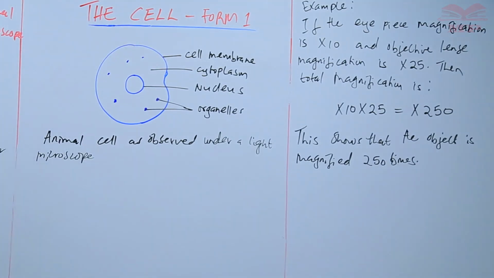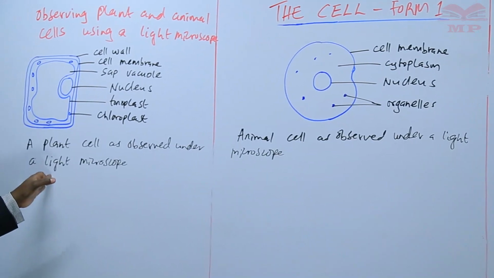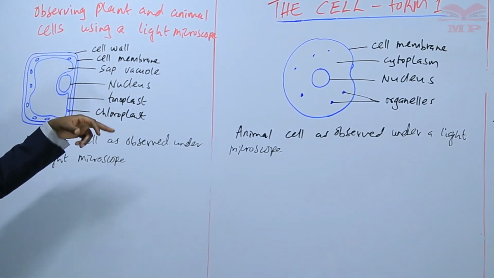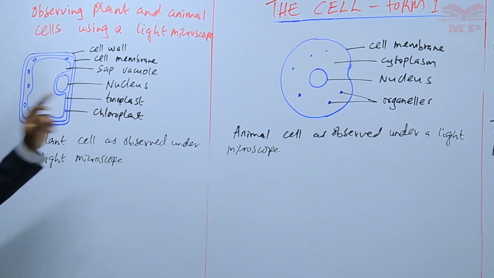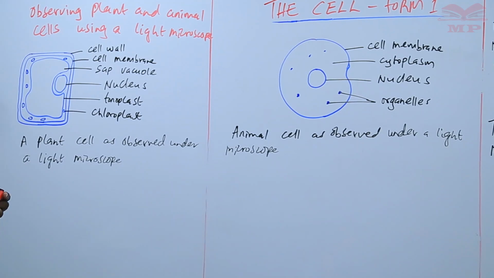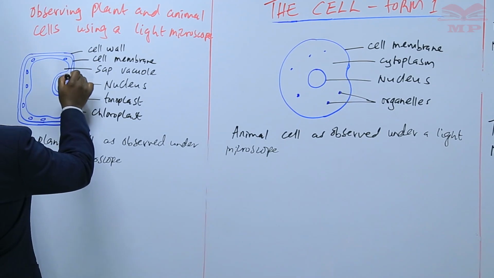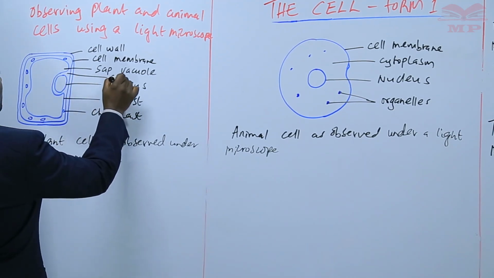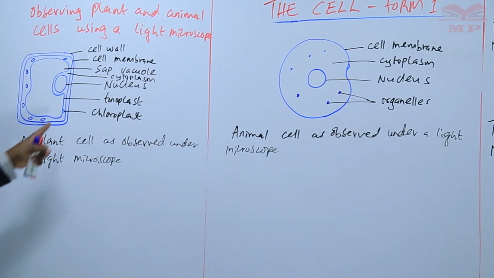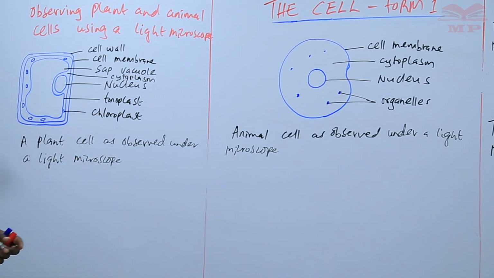Then we have had two diagrams showing a plant cell as observed under a light microscope, which shows the cell wall, cell membrane, the sap vacuole, the nucleus, the tonoplast, the chloroplasts, and also the cytoplasm. The cytoplasm is where we have the chloroplasts distributed. So we have just picked one chloroplast.